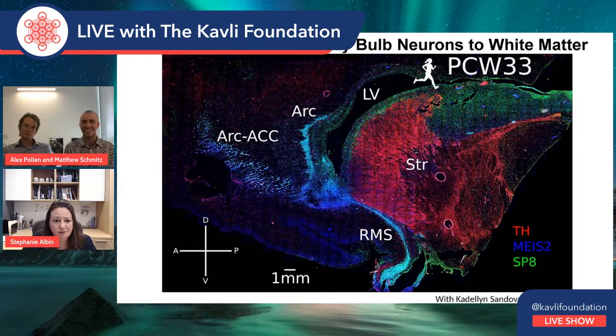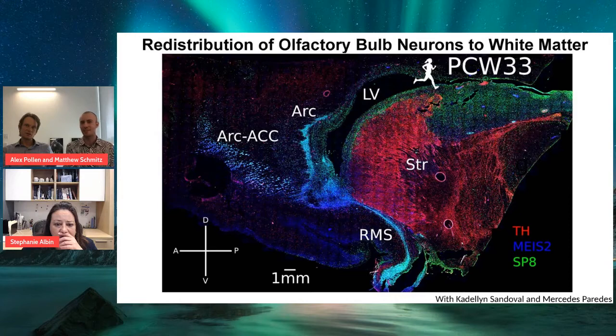You can see that here, where the rostral migratory stream, RMS, is going to the olfactory bulb. But you can see that there are these other highways, which are the arc that Mercedes Paredes has really illuminated with her work, and then this new one straight into the prefrontal cortex and anterior cingulate cortex, the arc ACC. And that was very cool, I think the coolest thing.